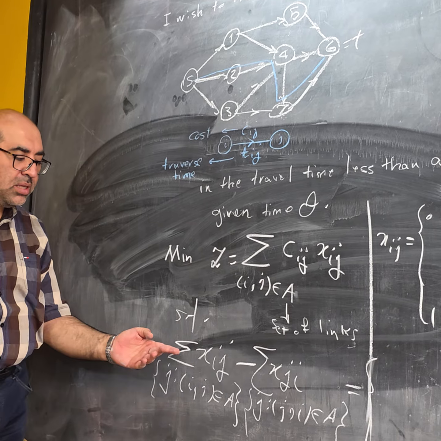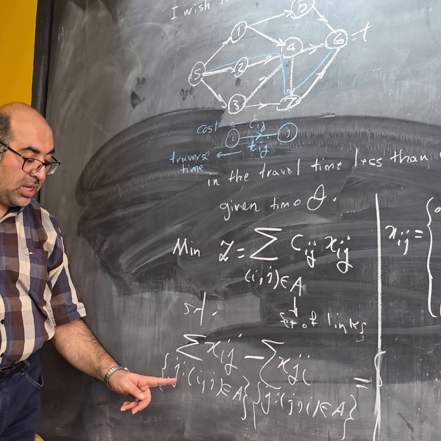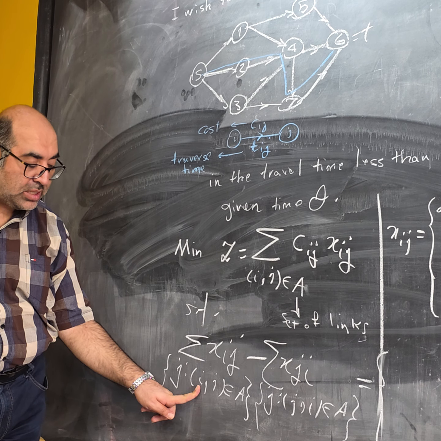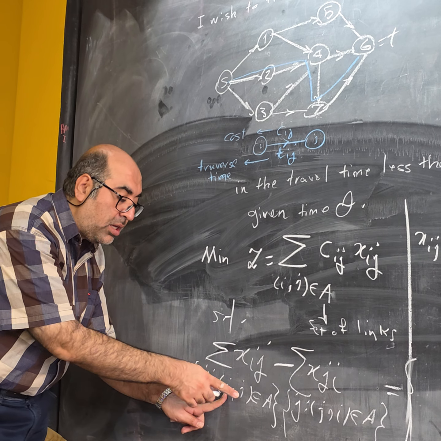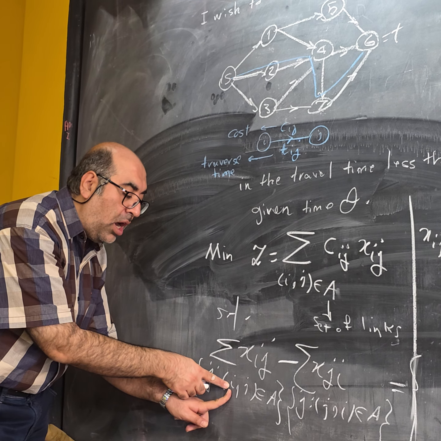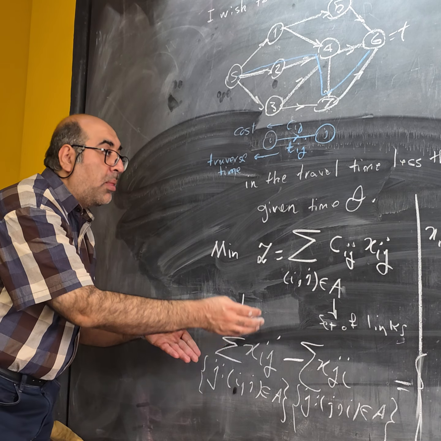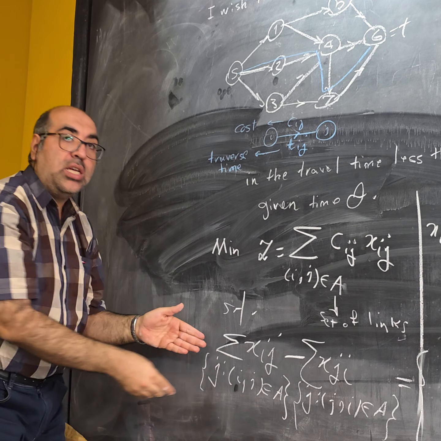This summation counts the links selected as the output of i, because I consider the link i to other j's. Because I select one of the links, this summation is 1.